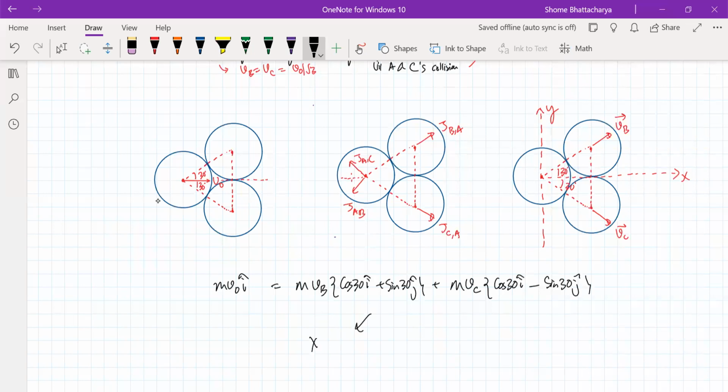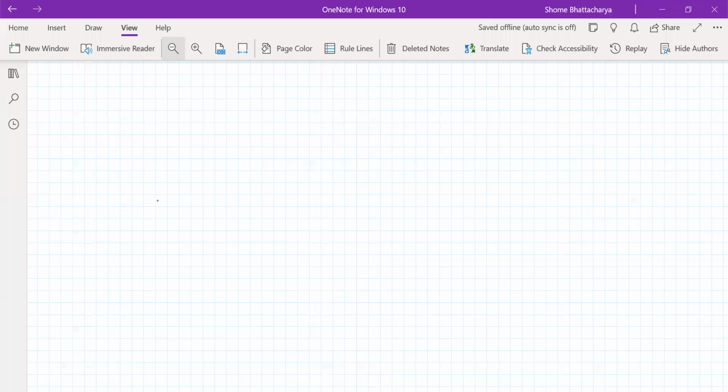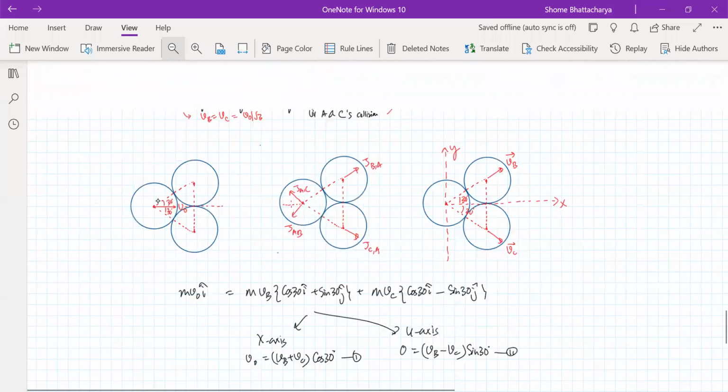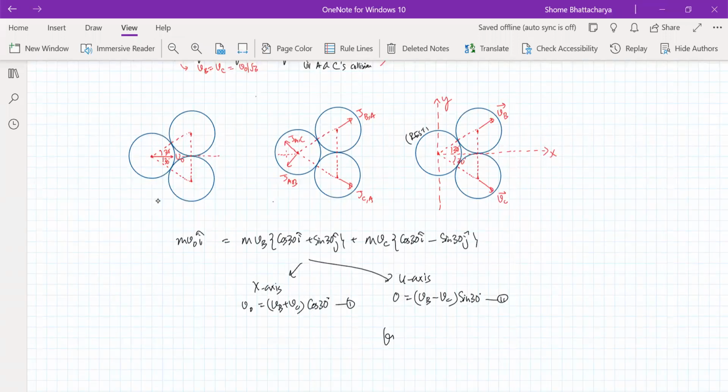When we do the components along the x-axis, by conservation of momentum, v0 is equal to (vB plus vC) cos 30. Along the y-axis, 0 is equal to (vB minus vC) sin 30. So these are the only equations required for finding vB and vC, given that A comes to rest, which is known to us. From equation 2, vB is equal to vC.